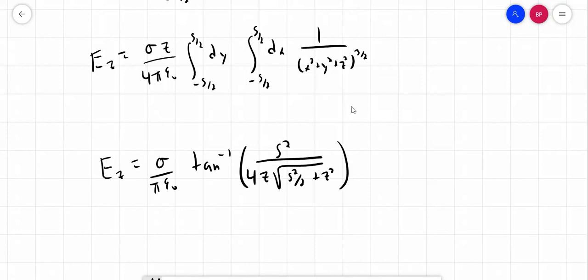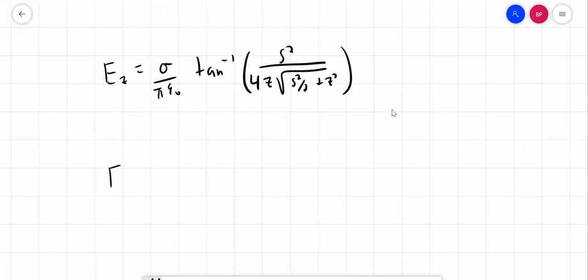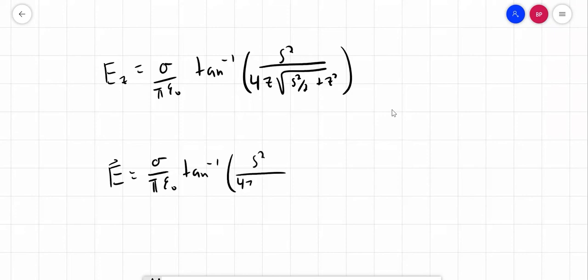So this is the z component of the electric field, or in other words, the total electric field is this thing, in the z direction.